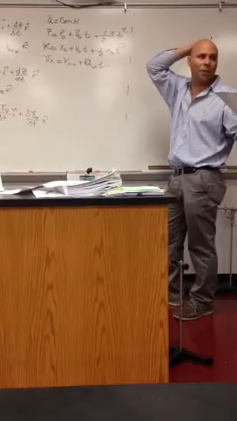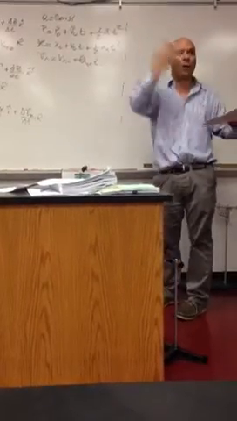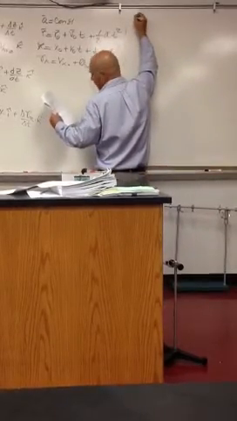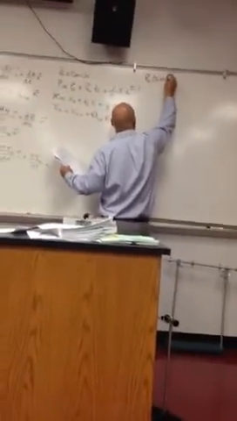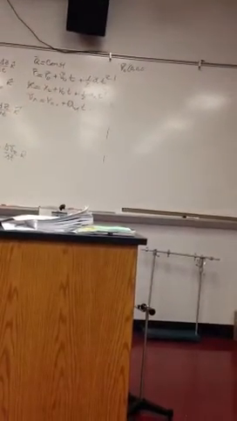Is it 2 or 3 dimensions? 2 dimensions, because it's moving in the XY plane. So at t equals 0, they said that r0 is 0, 0, 0. And because it's 2 dimensions, I don't have to write the 3rd dimension.